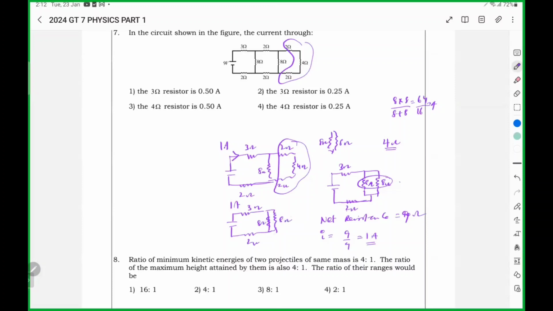Current will be distributed equally. That means through this, half ampere current flows, and through this also half ampere. The 1 ampere will be divided equally. So in the 3 ohm resistor, 0.5 ampere current flows.